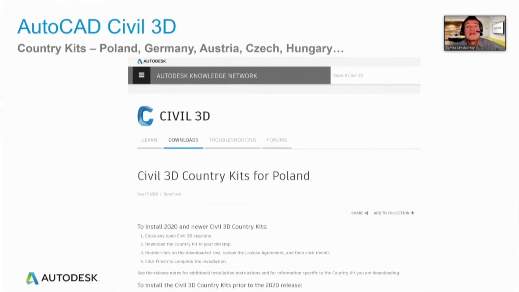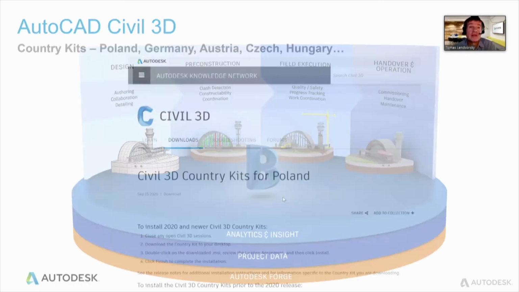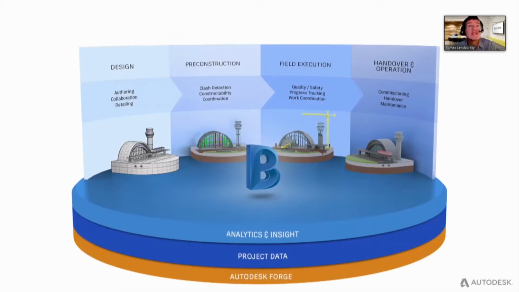And not only this, we still understand that 2D drawings are very important. So what we are offering is a country kit for Poland, so that customers are capable of creating drawings based on local standards. Obviously we are an international company, however we are localizing our products for different countries.